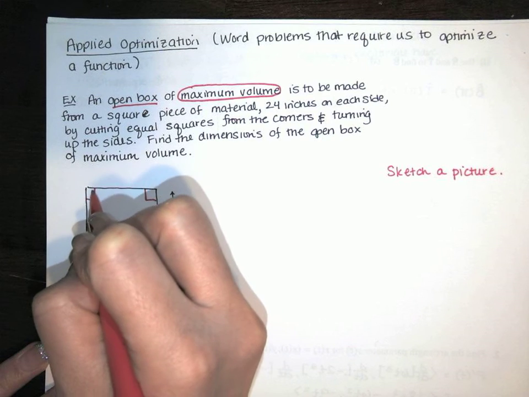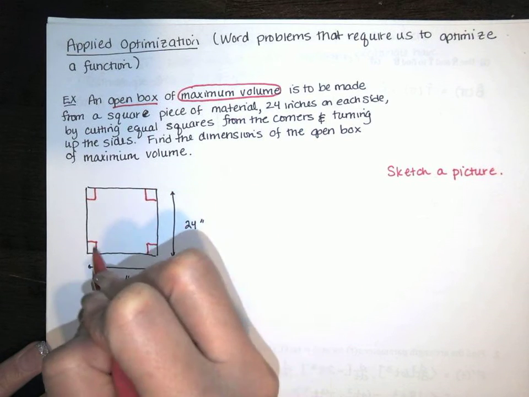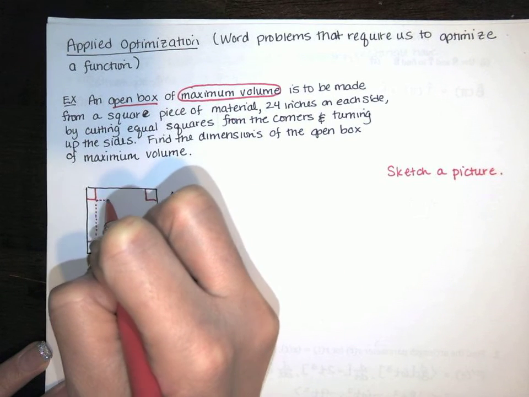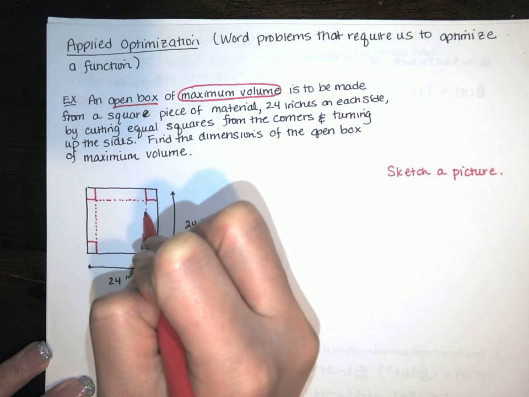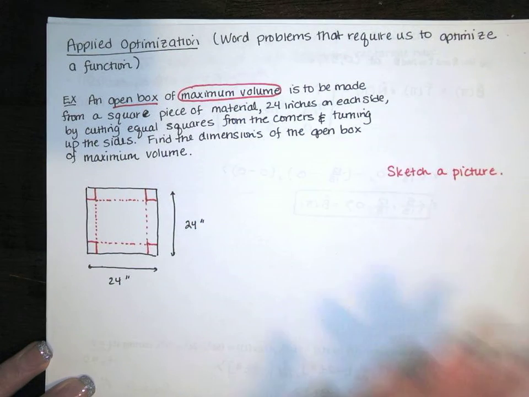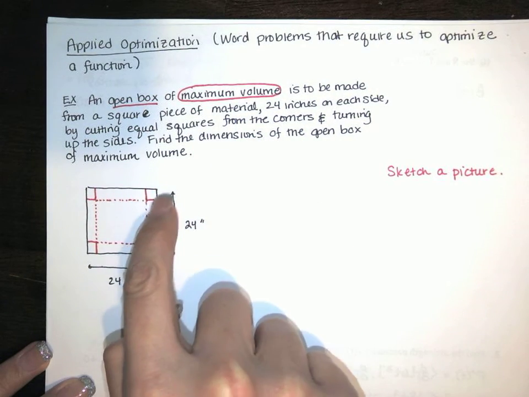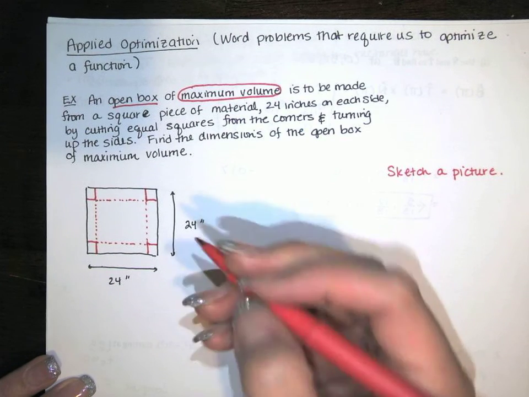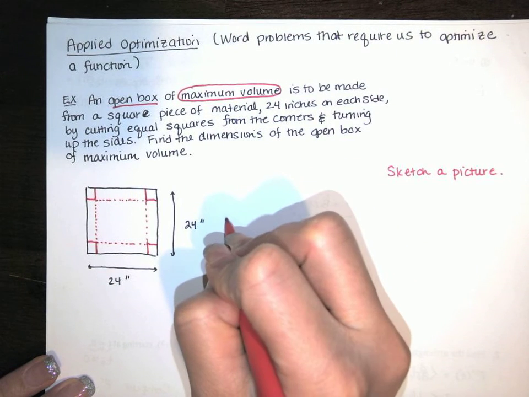So after we cut out this little piece, and that little piece, and that little piece, and that little piece, we're going to fold this piece of paper up on all of the sides. And when we do, we're going to get something that looks like this.